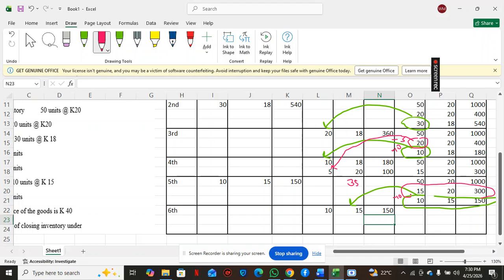We're removing all these 15, so here we put 15 spare parts valued at 20 kwacha. So we've accounted for 25 of these spare parts. Then the remaining 10 spare parts will be removed from this batch here.